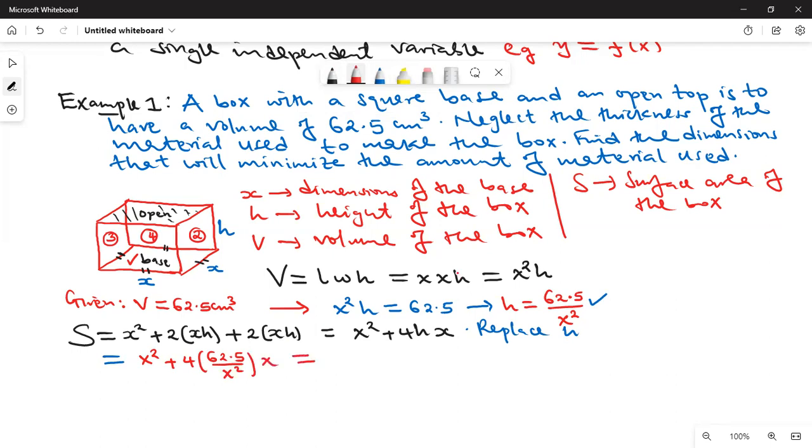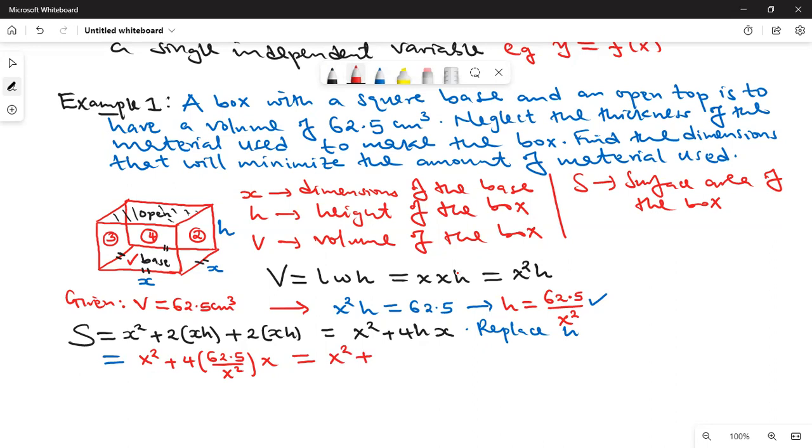When you simplify, you're going to get x squared plus, let us take 62.5, multiply that by 4.